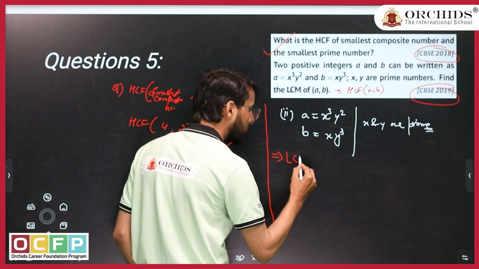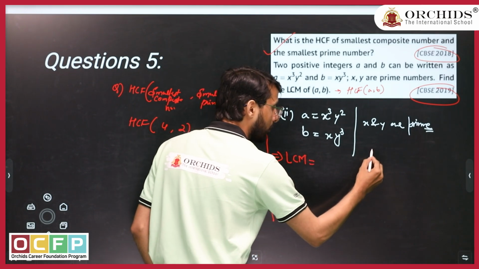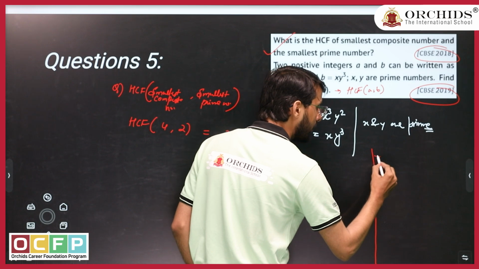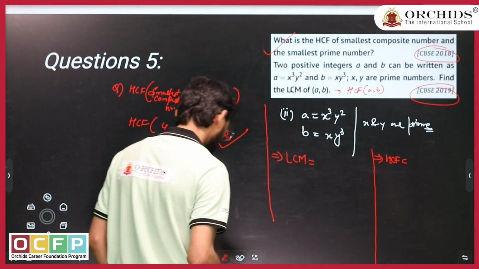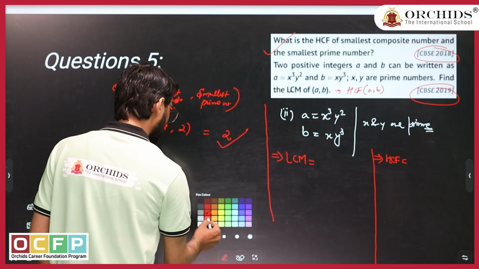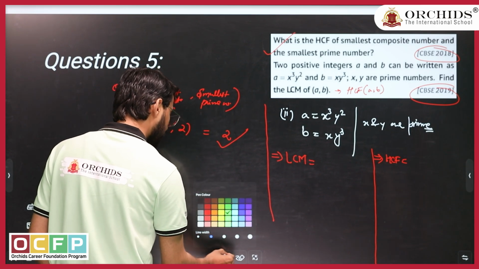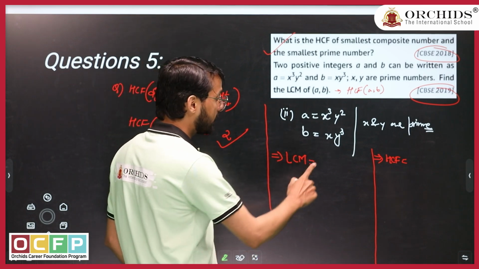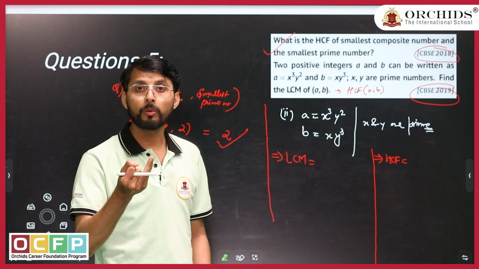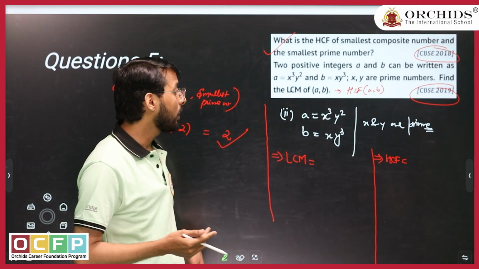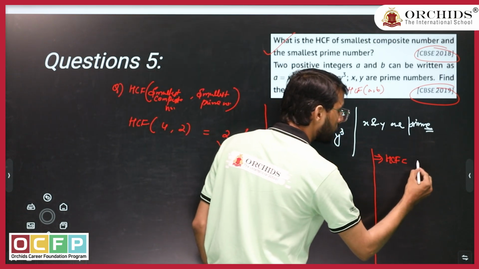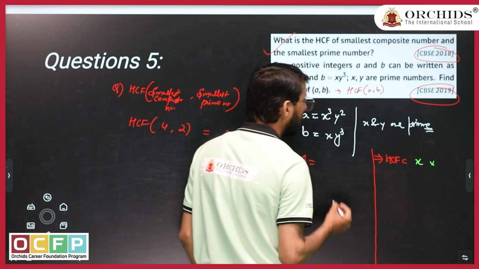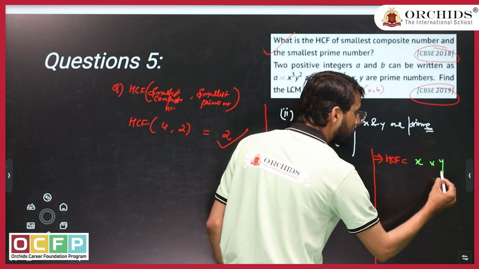If I am going for the LCM part, left hand side, right hand side, if I am going for the HCF part. Okay. Now first let's go for the HCF part, then we will do the LCM. HCF means highest common factor. First of all, we have to check which prime is common in both. x is present in both, so I will write x, and y is present in both, so I will write y.